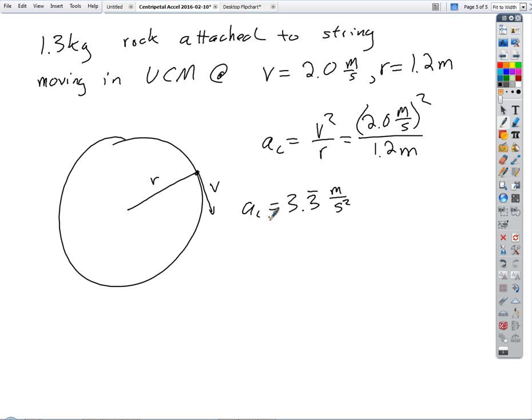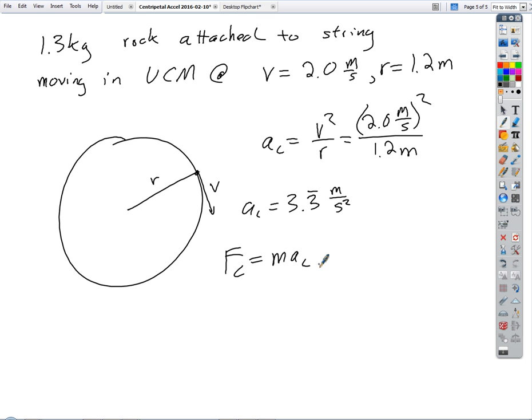If we want to know what the tension in the line is, well, the centripetal force is just the mass times the centripetal acceleration, right? Everybody agree? What's the only force acting on this object? Centripetal acceleration. Okay.